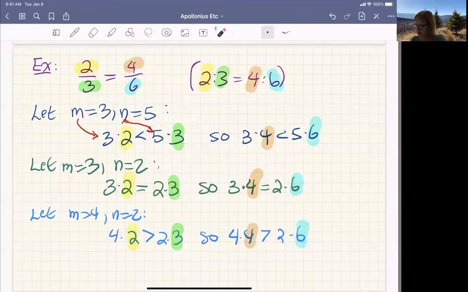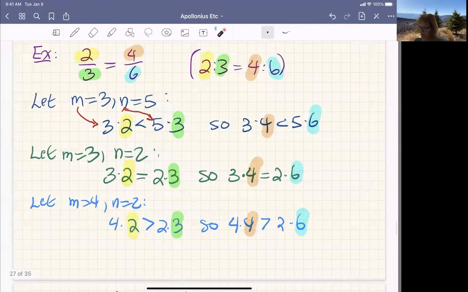In this case, 4 times 2 is greater than 2 times 3. So therefore, 4 times 4 will be greater than 2 times 6. So whatever equality or inequality you get for the first pair, if you perform the same multiplications, you get the same inequality for the second pair. So that's how he viewed proportions.